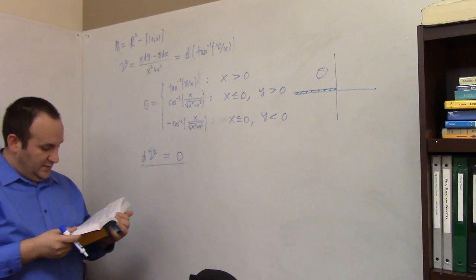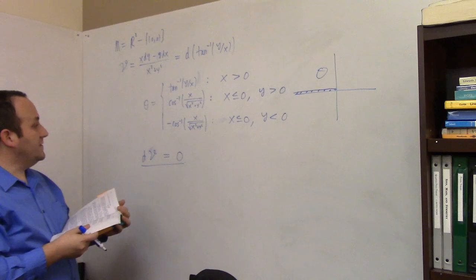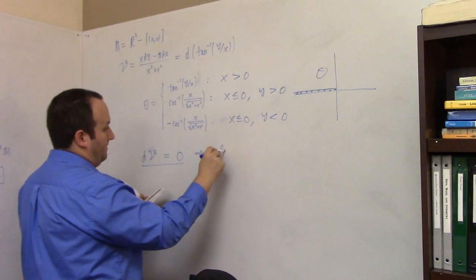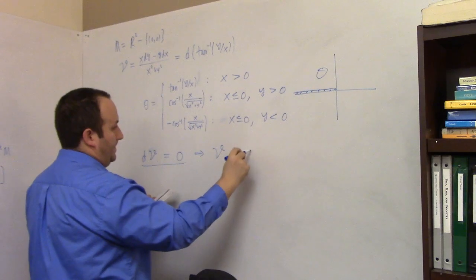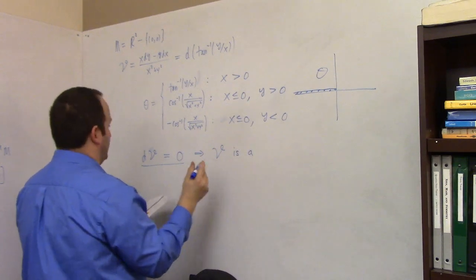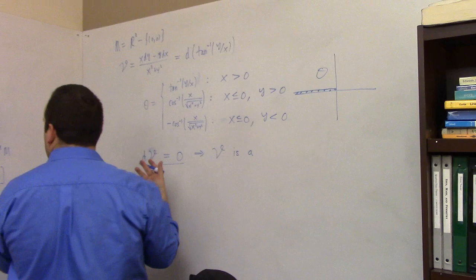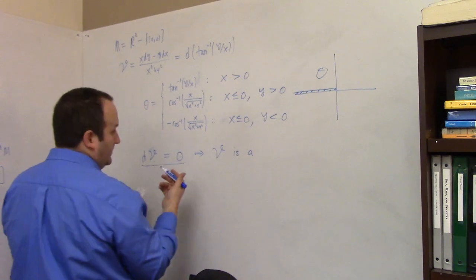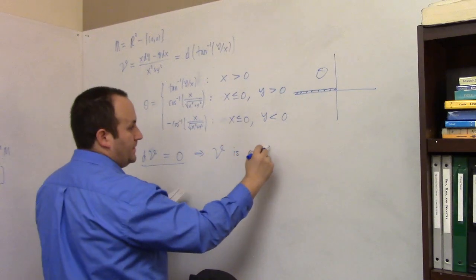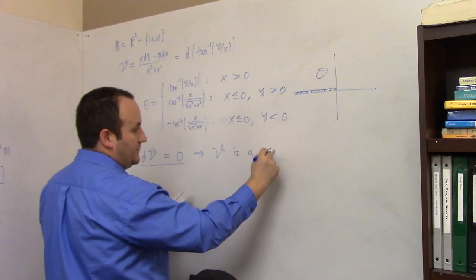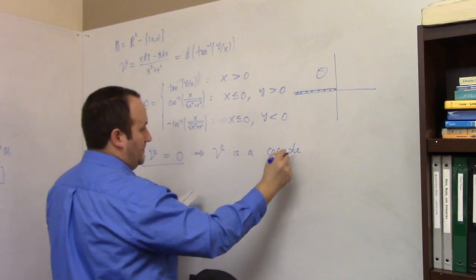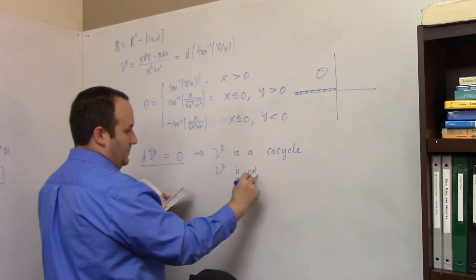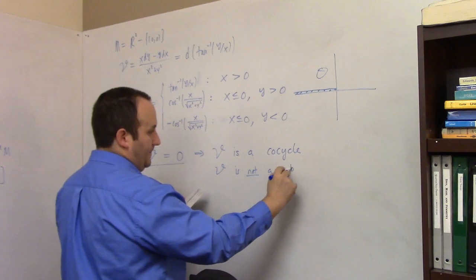So this is an example of, this is what then? It's got zero derivative. So what is it? It's a cocycle, right? Yeah. And it's, but this is not a coboundary.